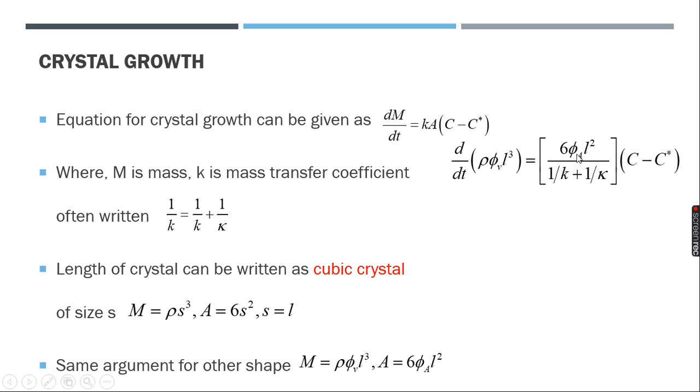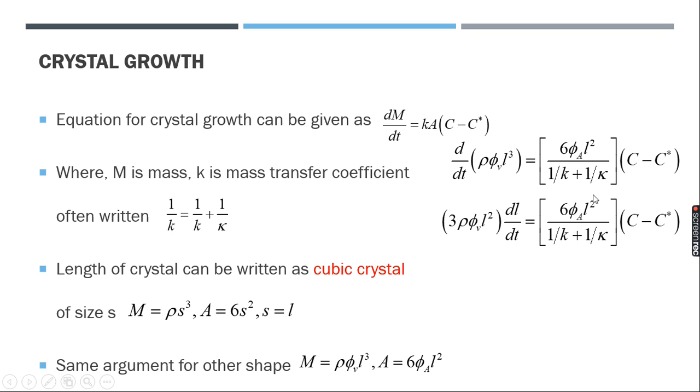So 6 phi a L squared, and the combined K terms over here, 1/k plus 1/kappa, times C minus C star, which is the concentration difference between these two phases. I mean to say saturation and current concentration.